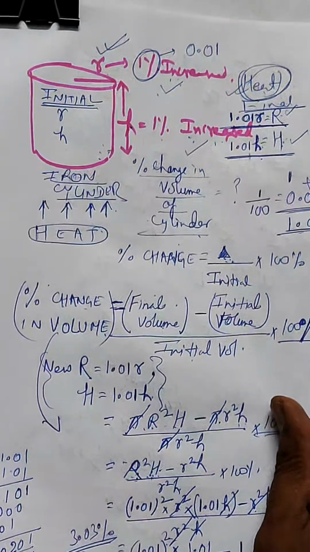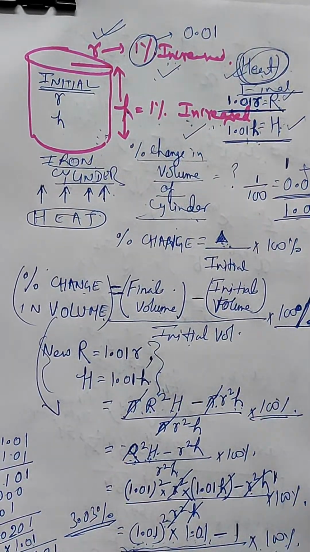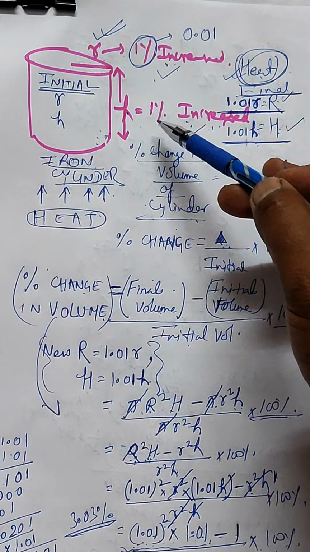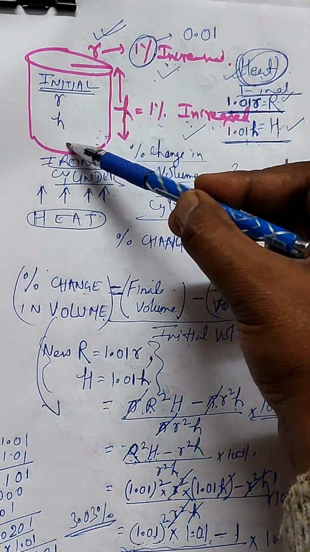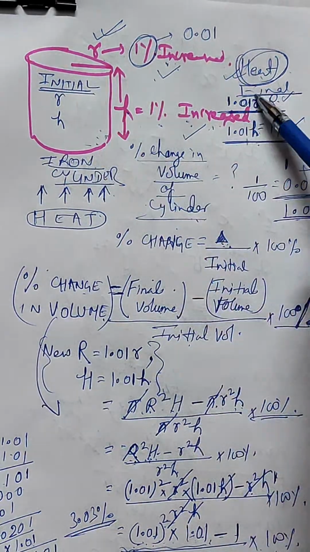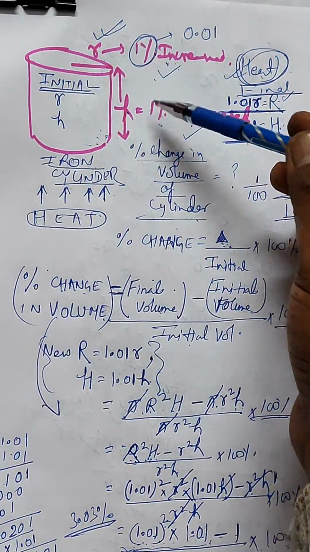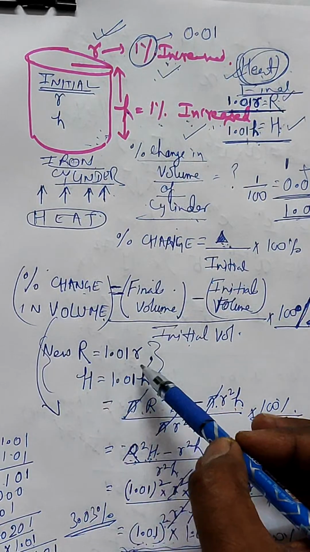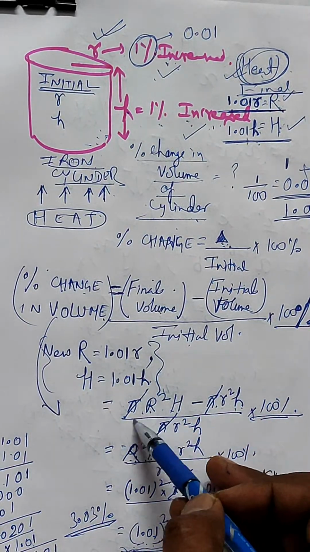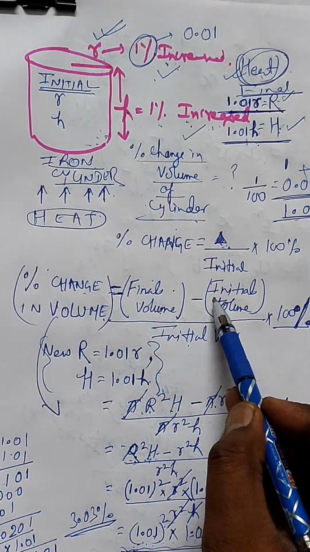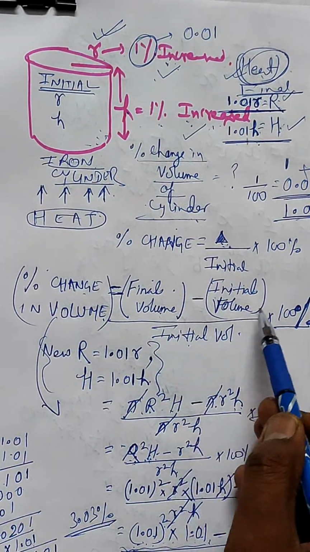So I'm showing you the question. This is the question: 1% radius is increased, 1% height is increased. Why? Because this is made up of iron, and on heating it increases. Now the percentage change in the volume of the cylinder is calculated. How? It will be final volume minus initial volume, divided by initial volume, into 100%.